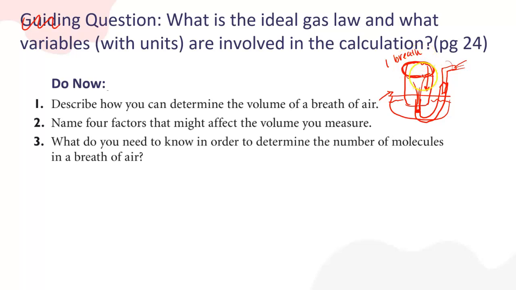But it's hard to determine what that is. So you're going to take a marker or a Sharpie, and you're going to mark what that level is. The Sharpies are going to be all on my front lab station as well for you guys to grab. You're going to mark that. Then you're going to reset everything, and you will fill with water.